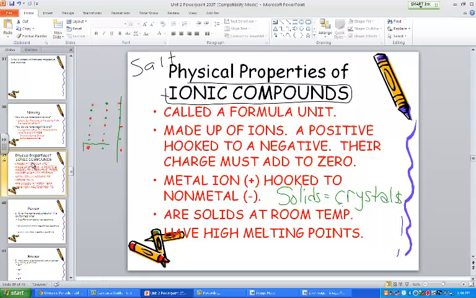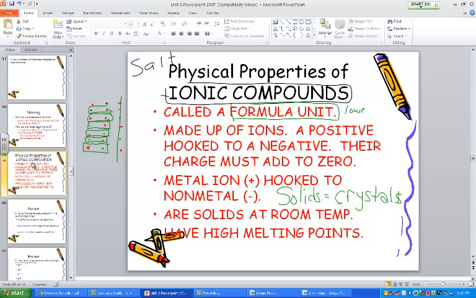But if I could go in at the atomic level and see the repeating pattern of the lowest subscript ratio, one chlorine to one sodium, one chlorine to one sodium, over and over and over, that basic building block in the repeating pattern of a larger structure called a crystal is known as the formula unit.